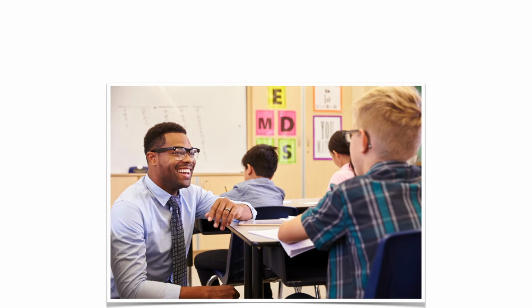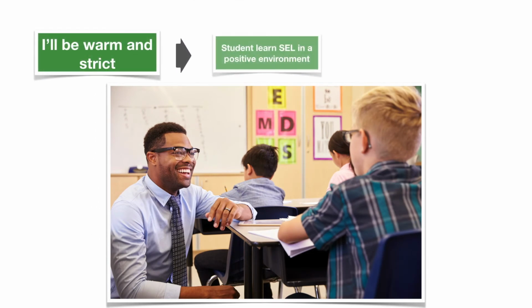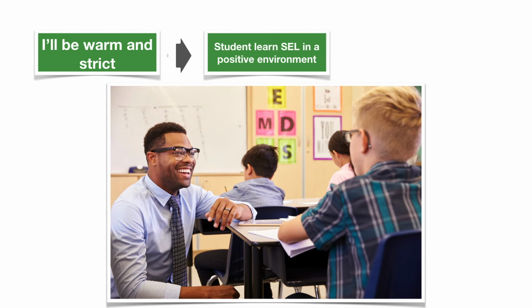The second view prioritizes the learning of SEL skills by creating a warm and strict environment where these skills can flourish. The teacher clearly communicates through words and actions that he or she cares, has high expectations, and believes that students can achieve their goals.